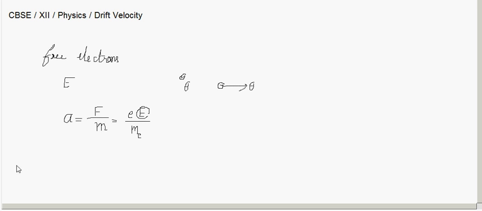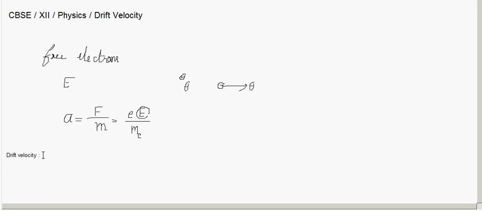So we'll write the definition of drift velocity. In the absence of an electric field, the electrons move very randomly. But when you apply an electric field, the electrons gain some acceleration.